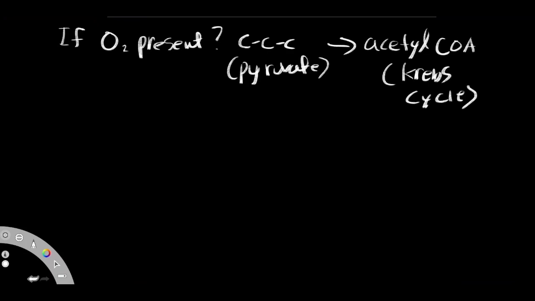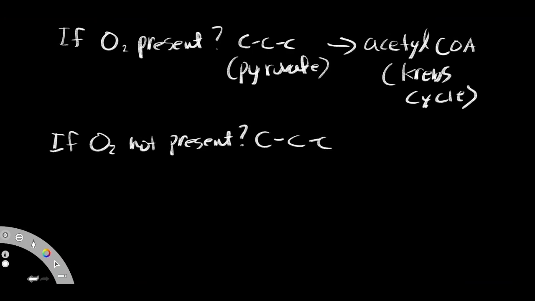If, however, oxygen is not present, so let's put this down here. If oxygen not present, that pyruvate, right? That pyruvate cannot become acetyl-CoA.